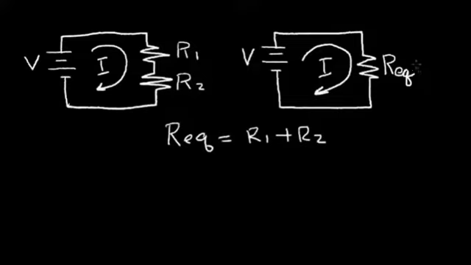We know that the equivalent resistance by Ohm's law is the voltage divided by the current. The voltage across the resistor divided by the current through the resistor. Now on the circuit on the left side, the key concept here is the same current flows through R1 and R2.